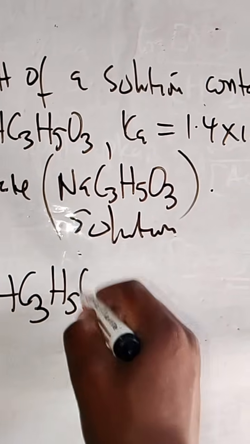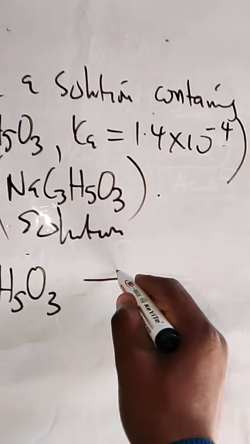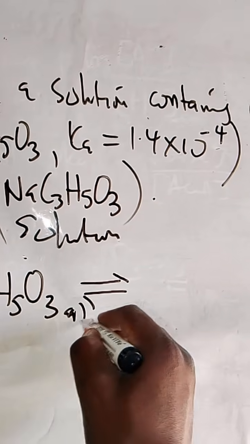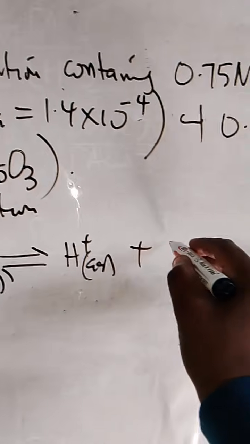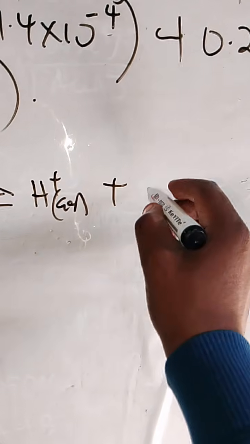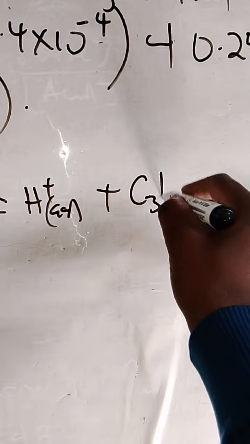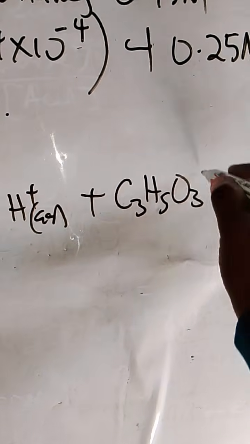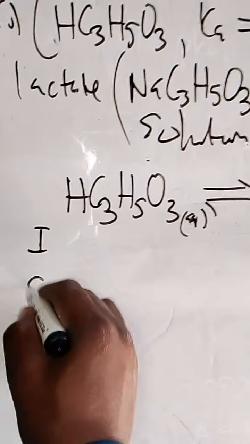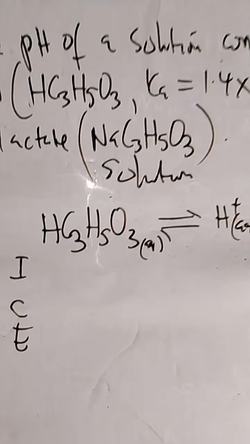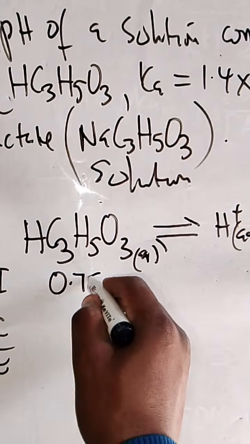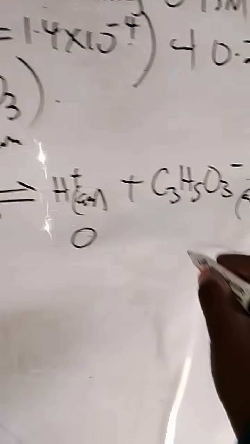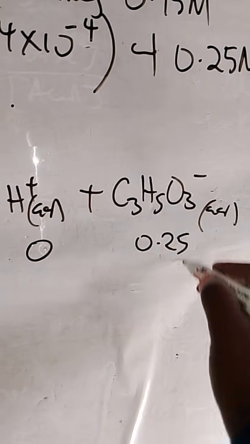Lactic acid will form hydrogen ion plus the conjugate base C3H5O3 minus. Then the initial concentrations: the acid 0.75, 0 for the hydrogen ion, and 0.25 for the conjugate.